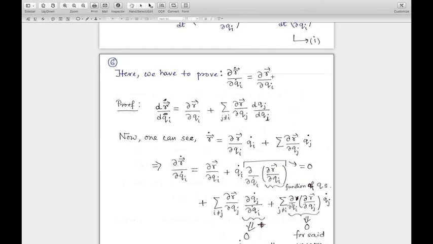So I leave it as a small home task for you to do all these proofs also using explicit time dependence of r.